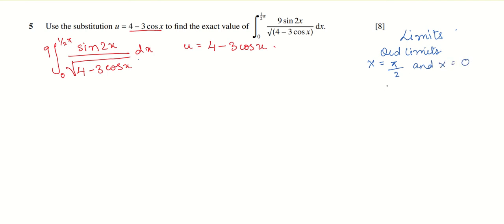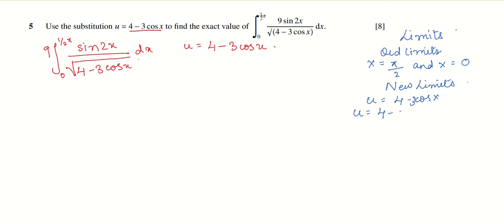Now the new limits, the ones we're going to use, are: u equals 4 minus 3 cos x. So we're just going to insert x values and find our new limits, which are u.